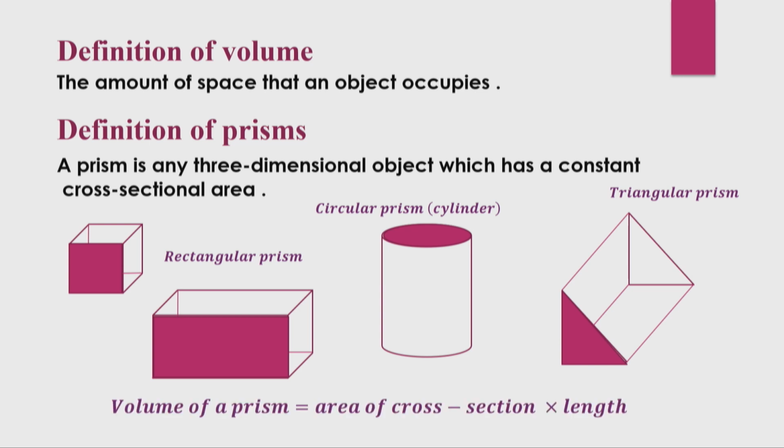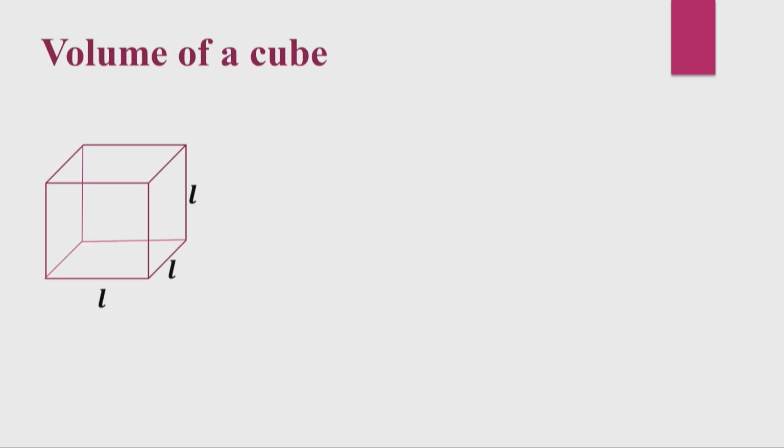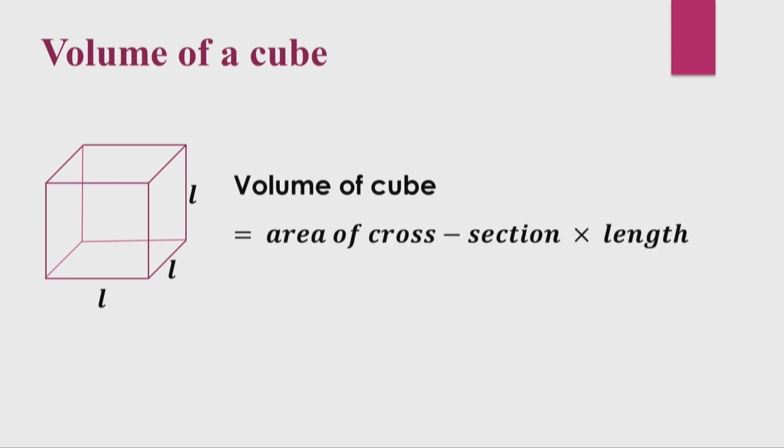To calculate the volume of a prism, it is area of cross-section multiplied by length. The volume of a cube. Volume of cube is equal to area of cross-section multiplied by length, which is equal to L times L times L, which is equal to L cube.